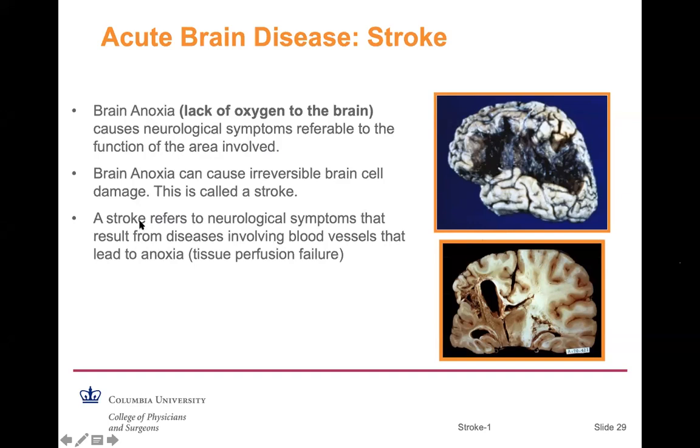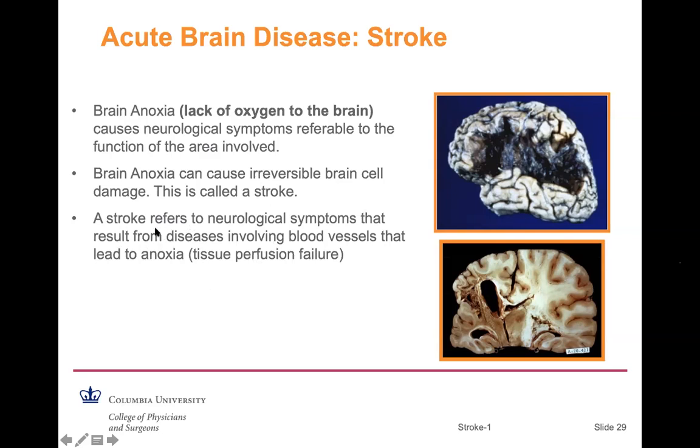A stroke really is blockage of an artery that causes failure of oxygen to an area, a part of the brain, that causes tissue perfusion failure or tissue anoxia. And that's really what a stroke is.